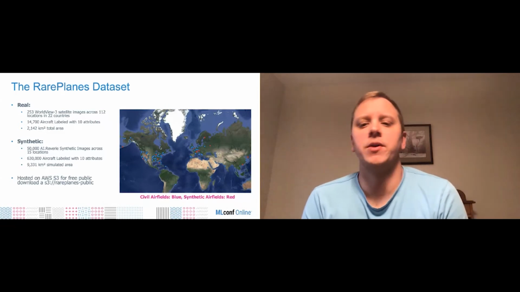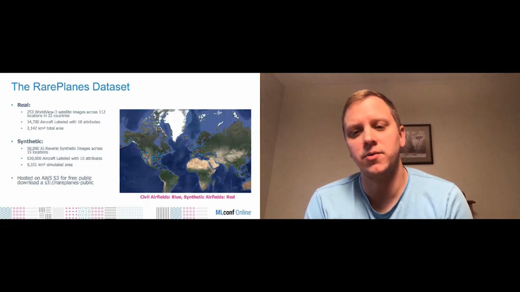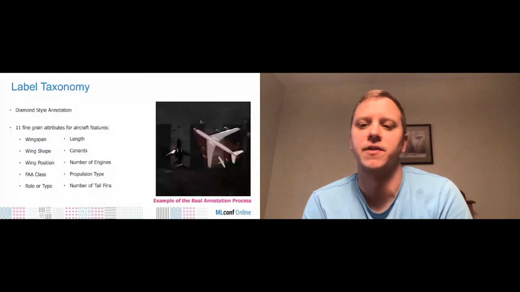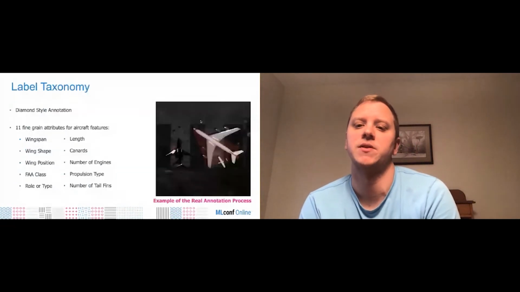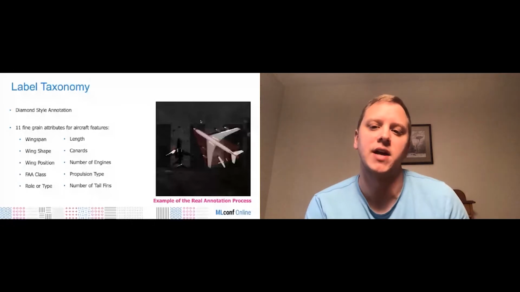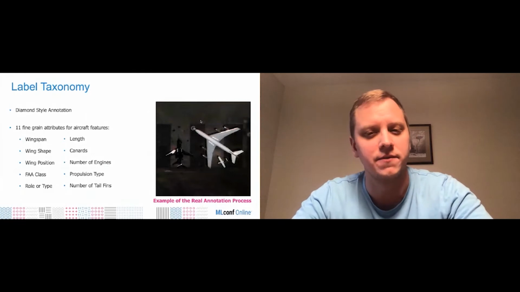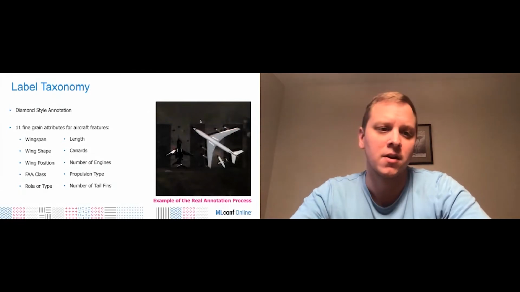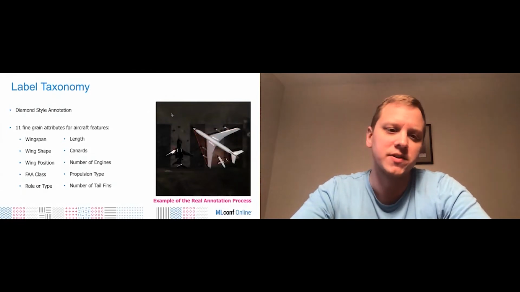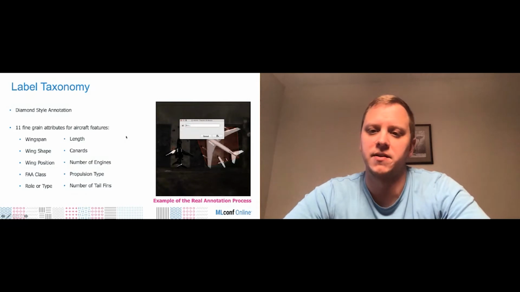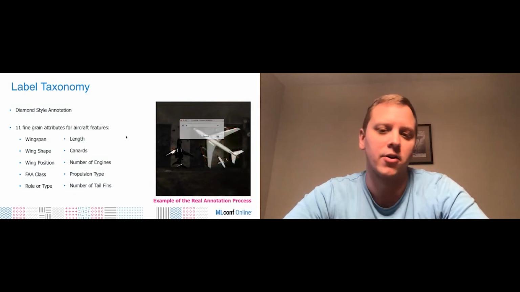So we chose a very unique label taxonomy for this data set. And the reason for that was we really wanted to build something that would have lots of different attributes that you could ultimately tie together to maybe figure out what the type of aircraft it is that you're labeling. So we chose this diamond style because it enables you really to pull out two very important characteristics that can be used to define what an aircraft type is.